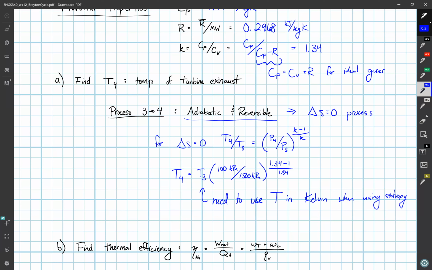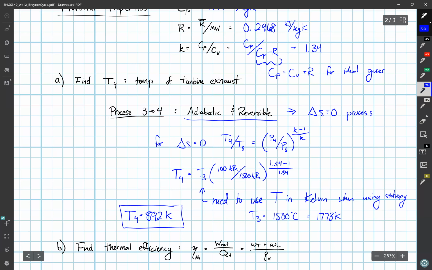So T3 equals 1,500 C equals 1773 Kelvin. And if we went through and solved this, we would find that our outlet temperature, T4, equals 892 Kelvin. There's our answer to part A.